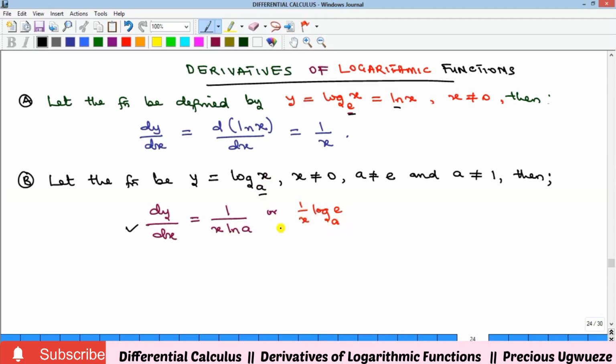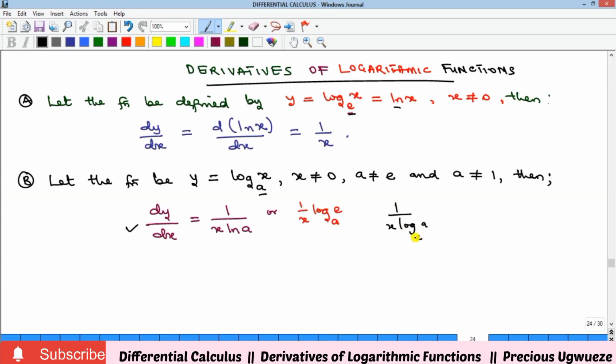Of course this is exactly equal to this because, remember, ln we said is equal to log x base e, so that means ln a is actually log a base e.